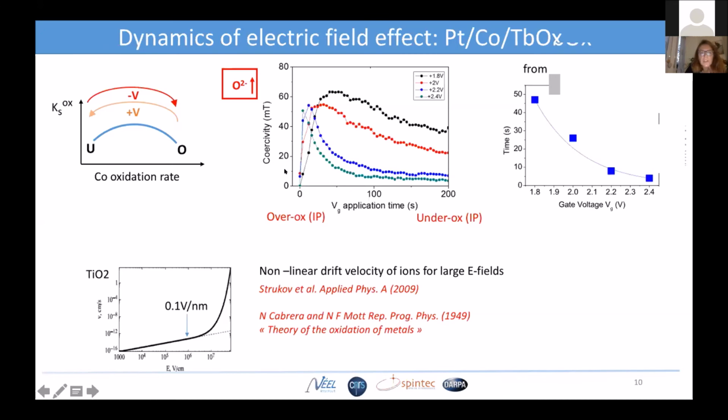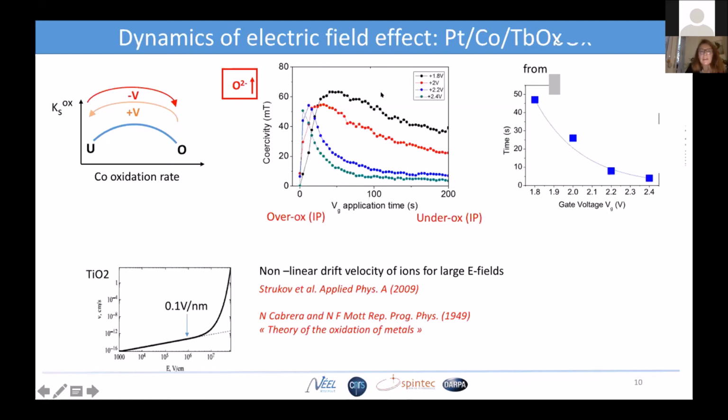What I show here in this curve is the variation of the coercivity of the sample as a function of the application time of the electric field. This was done with a constant field, by taking a hysteresis loop every 4 seconds. You can see here, for example, for the larger gate voltage, actually here I start from the over-oxidized state with in-plane anisotropy.